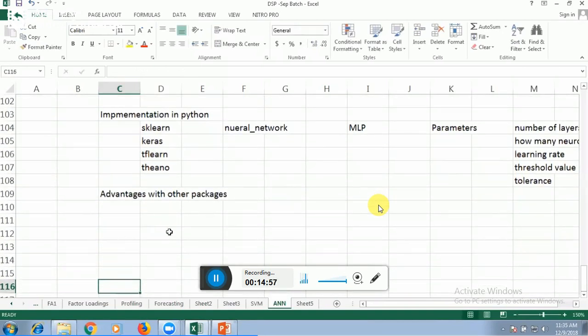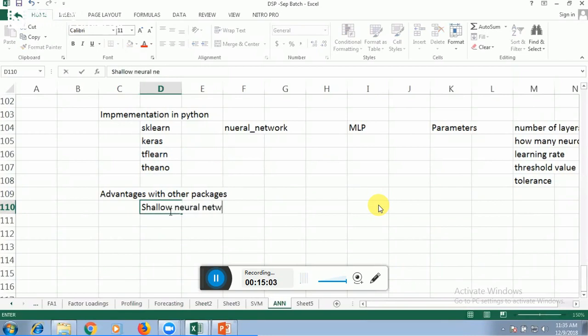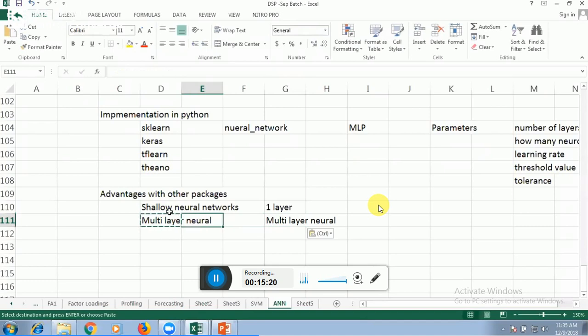Basically, the neural networks I told you about are shallow neural networks. Shallow neural networks means with one layer. And if you have multiple layers, this is what we call deep neural networks.